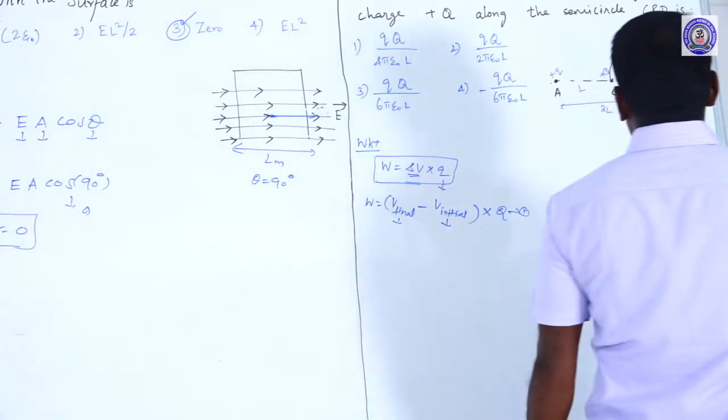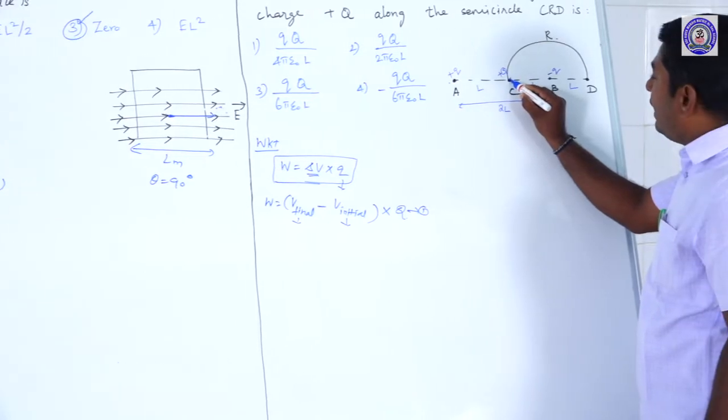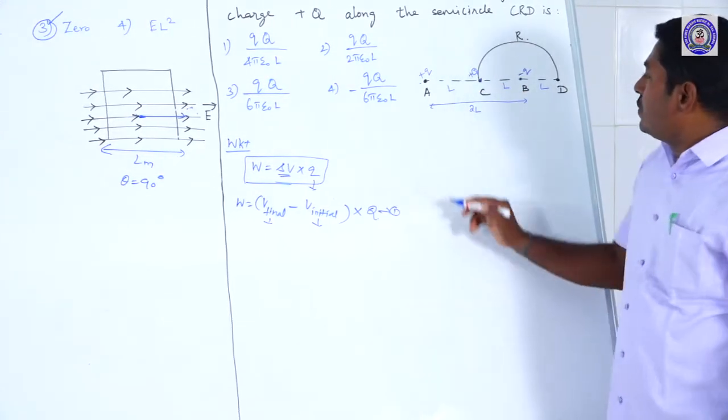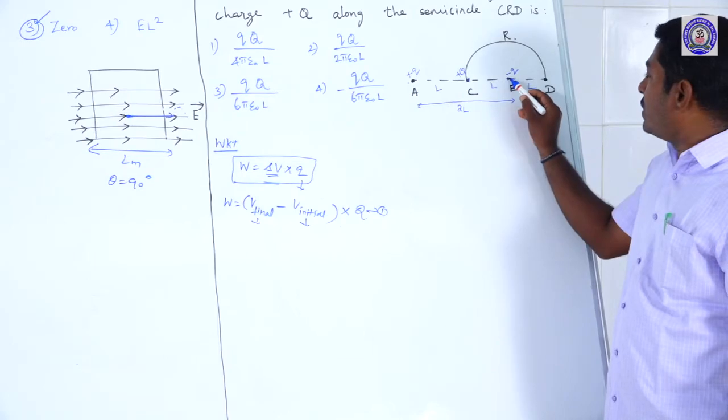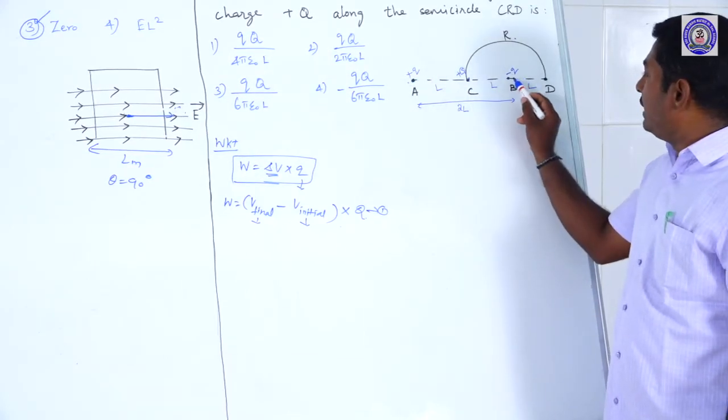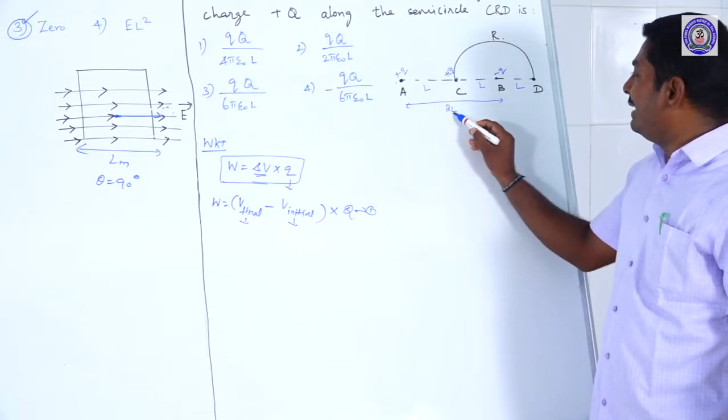Initially, the plus q charge is placed at the midpoint of A and B. The plus q charge and minus q charge have equal magnitude and are separated by a 2L distance.